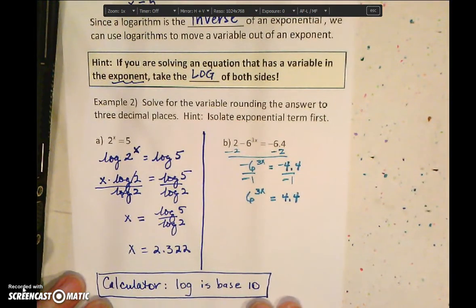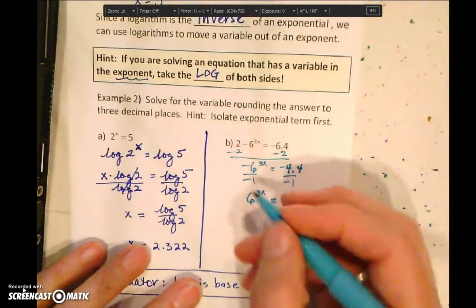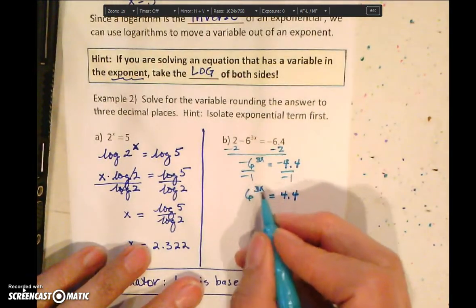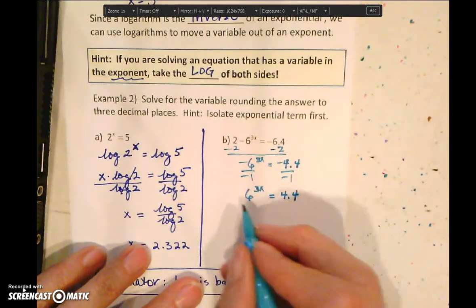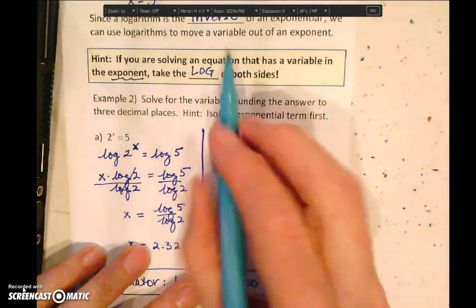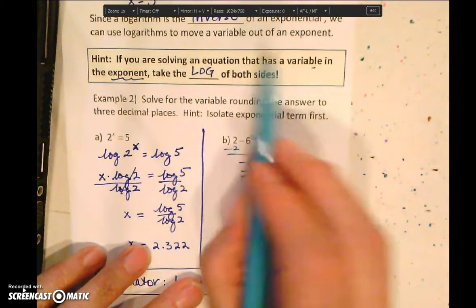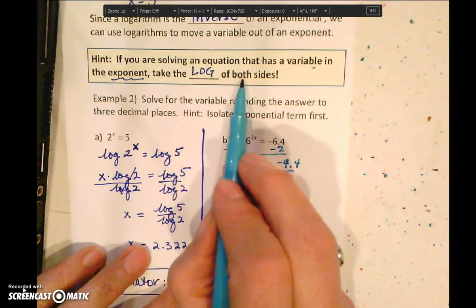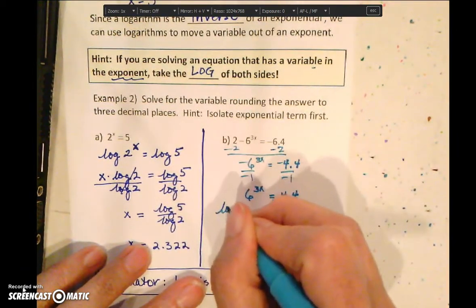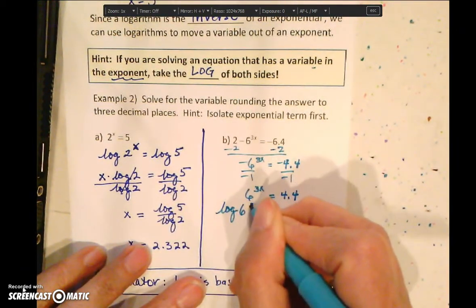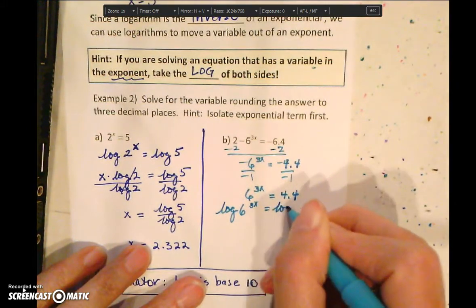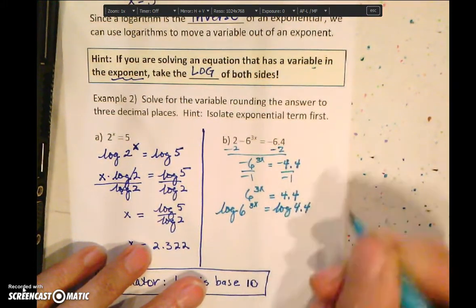Now we need to get our variable out of the exponent, so I'm going to take the log of both sides. Remember, if you're solving an equation with a variable in an exponent, take the log of both sides. So I'm going to take the log of 6 raised to the 3x and the log of 4.4.